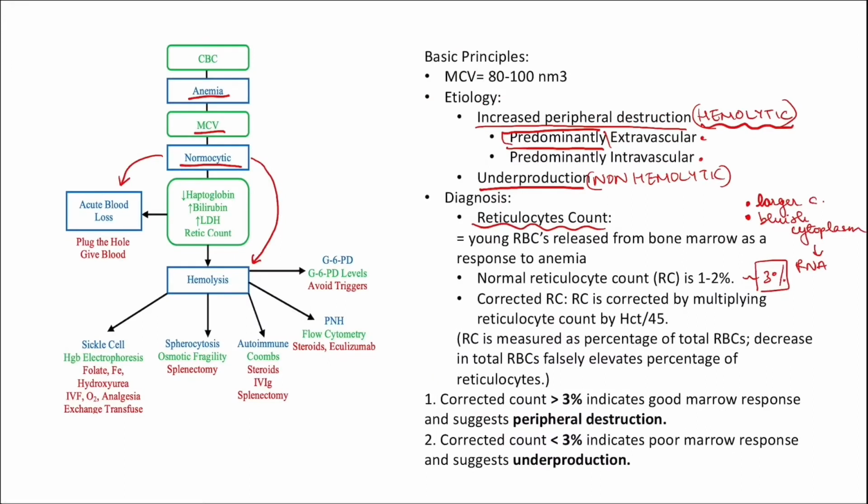Going back, a normal reticulocyte count is 1 to 2%, but what we also need to consider is that the reticulocyte count is relative. If there's an increase or decrease in RBCs that isn't related to anemia itself, then your reticulocyte count could be a false indication of a disorder.